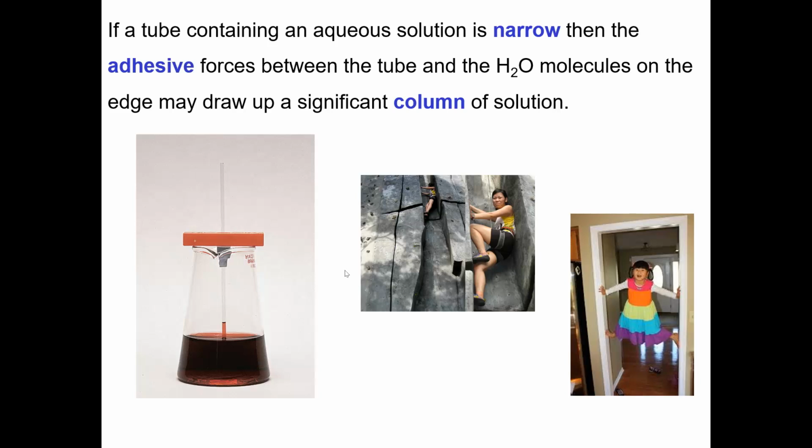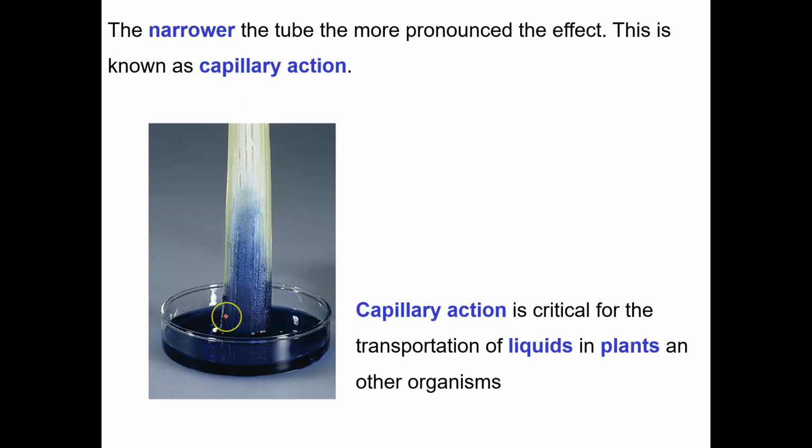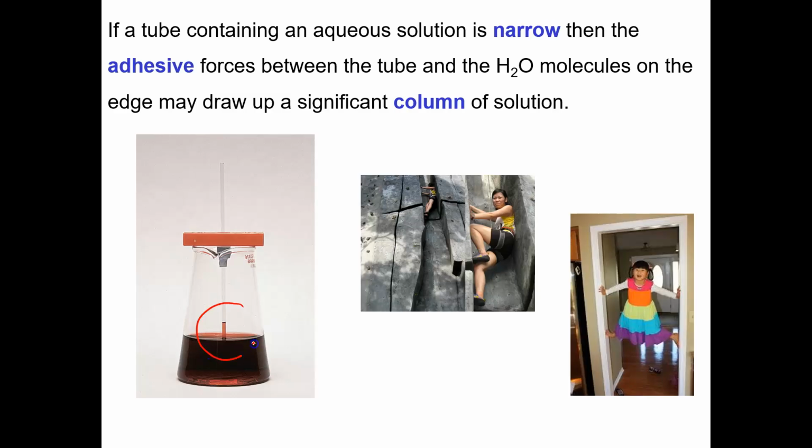One of the things you may have noticed is that if a tube containing an aqueous solution is narrow and has relatively strong adhesive forces between the container walls and the liquid, then you can get a significant rise of the liquid up the tube. You may or may not have seen that.